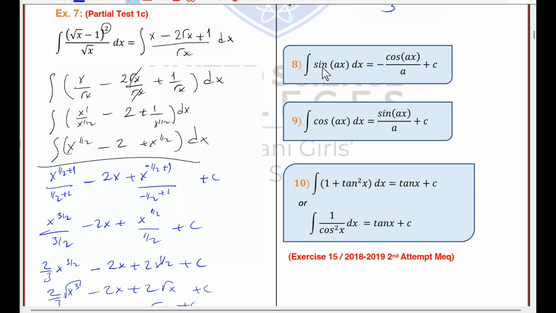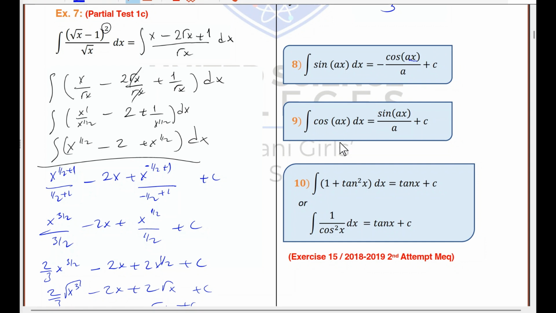The integral of sine is negative cosine of the same angle. Instead of multiplying, we are going to divide it by the derivative of the angle. When we take the derivative, remember, we were multiplying the function by the derivative of the angle. Now we are dividing the function by the derivative of the angle.